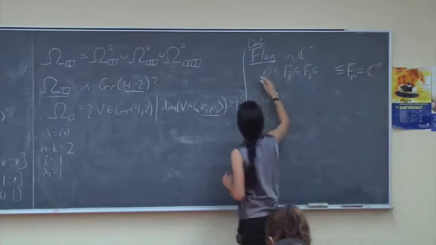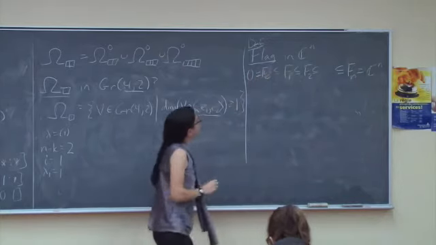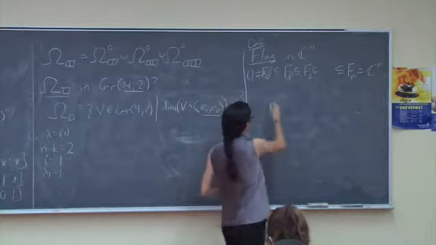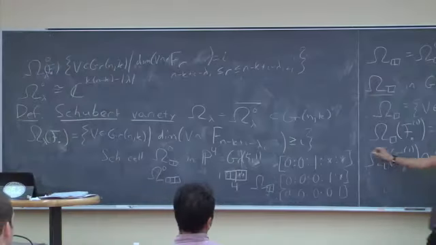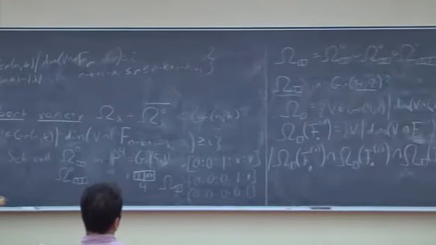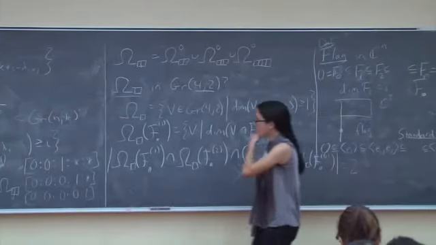Sometimes 0 is called F0, let's do that for notational purposes, where each dimension goes up by 1 each time. So the dimension of F sub i is i. And this is the intersection that we want to show is 0-dimensional and has 2 points for all choices of flag.